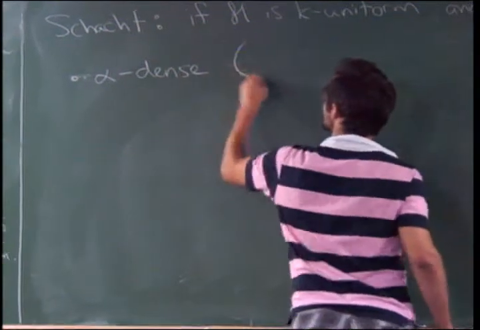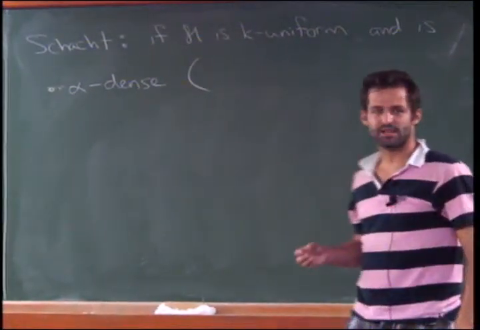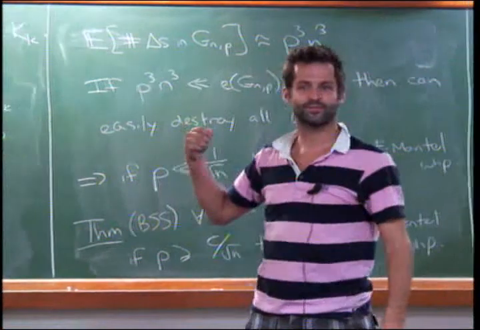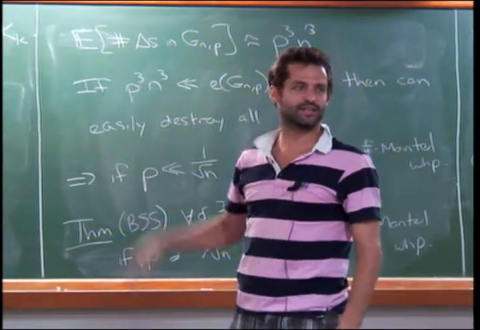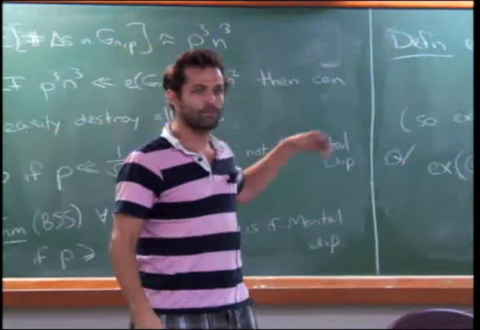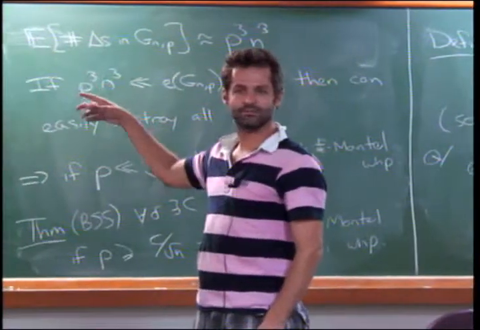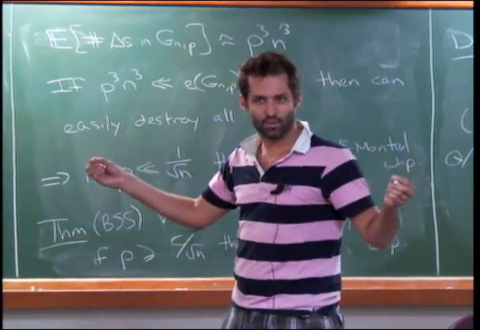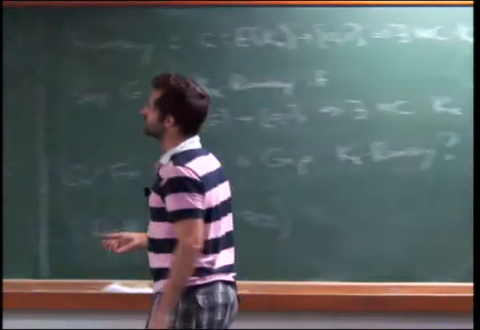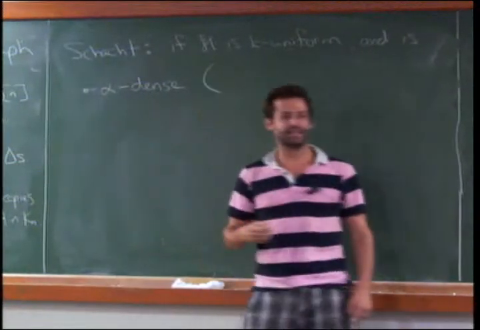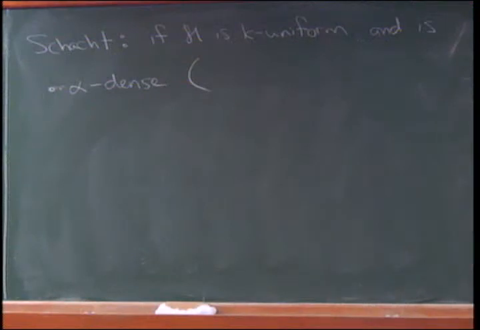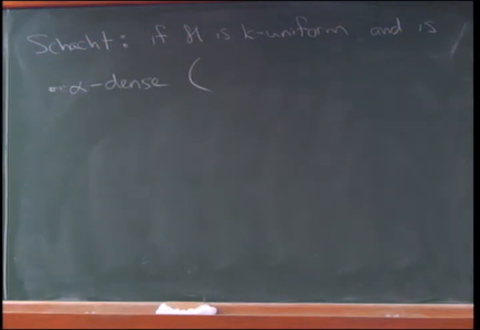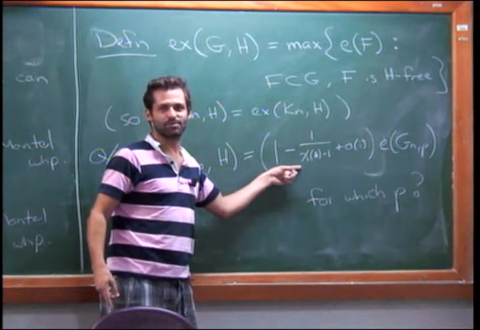What do I mean by alpha-dense? By alpha-dense I mean there exists a theorem in the dense case. In each case we started with the dense theorem. The Erdős–Stone theorem means the theorem held for the complete graph. Ramsey's theorem says the theorem holds for the complete graph. Szemerédi's theorem says the theorem holds for the set 1 up to n. So what's alpha? Alpha is the threshold at which it works. In Szemerédi's theorem, alpha is 0. In the Erdős–Stone theorem, alpha is 1 minus 1 over chi of H minus 1.